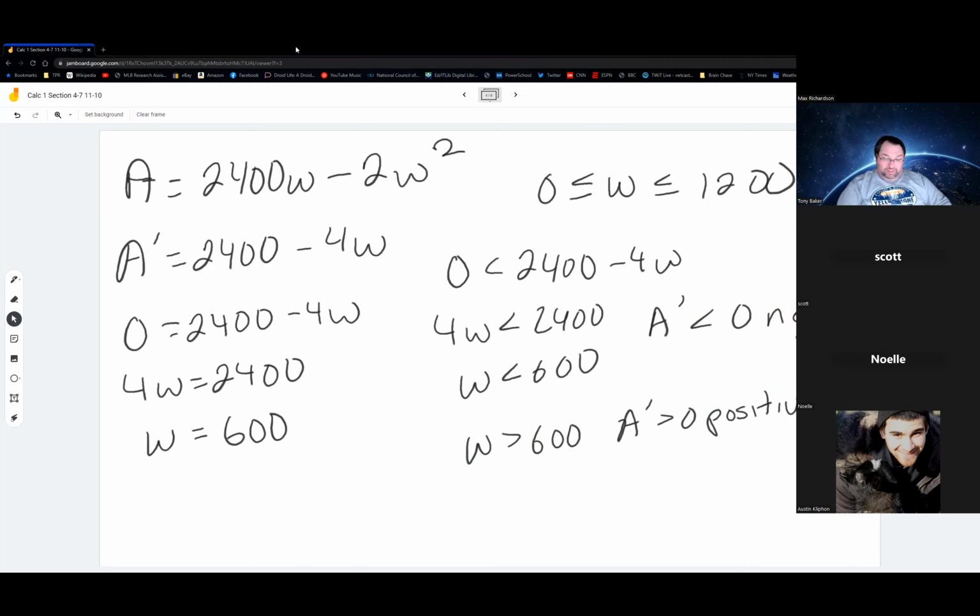Oh, sorry, I have that backwards actually. So when the derivative was greater than 0, positive, the area is increasing to that point and decreasing after that point, so that's a max. So my width is going to be 600.